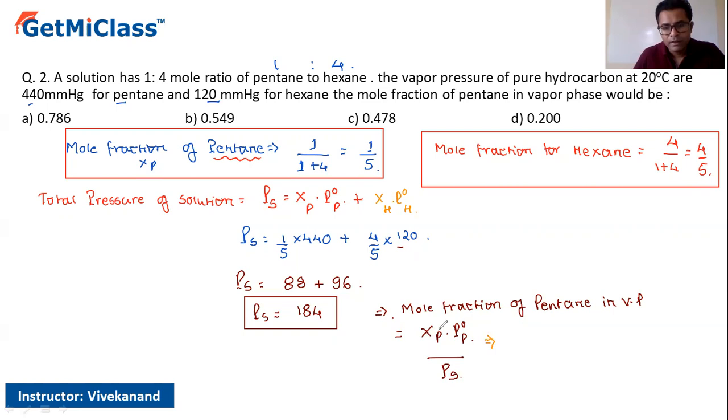That is 1 over 5 into 440, the whole thing divided by 184, and that gives the answer as 0.478. Therefore, the answer is option C.